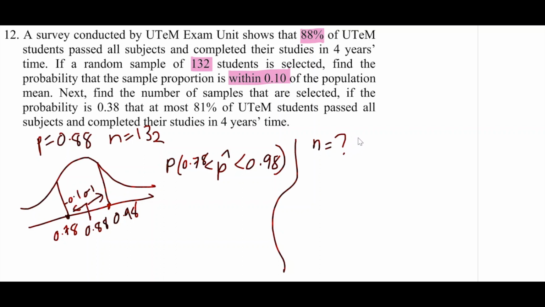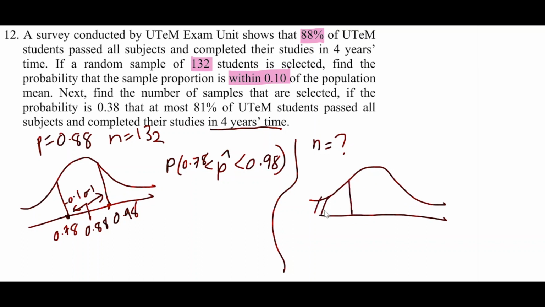If the probability is 0.38 that at most 81% of UTM students pass all subjects and completed the studies in 4 years' time. So again, this is the success. Probability is 0.38 and at most 81%. So what is at most? At most would be the maximum value.